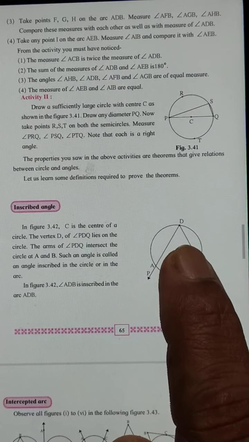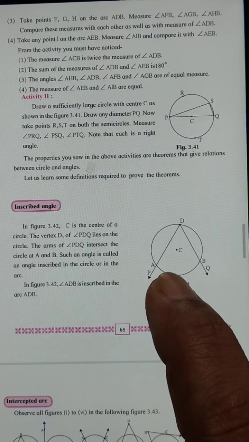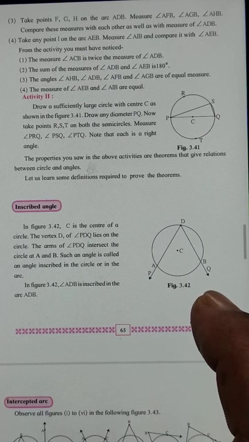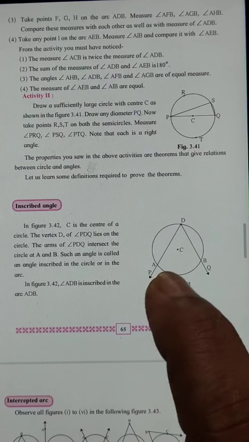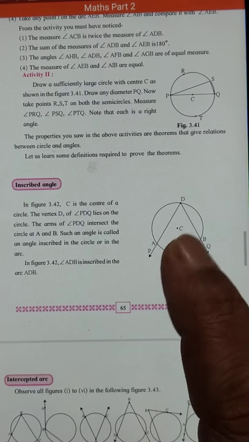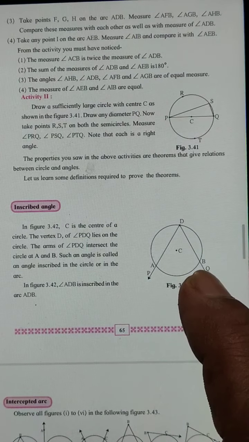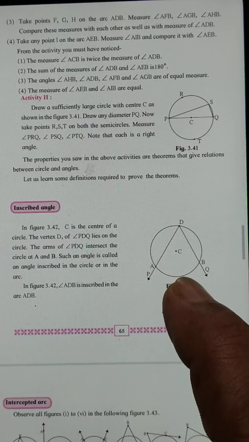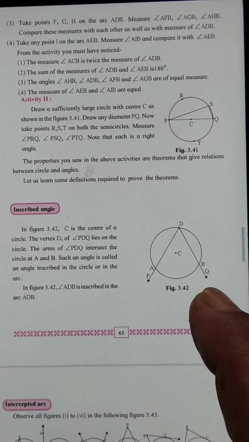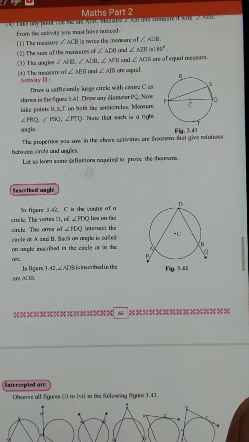Let us see here, it is on the circle. The arms of angle PDQ intersect the circle at points A and B. Such an angle is called an angle inscribed in the circle or in the arc.